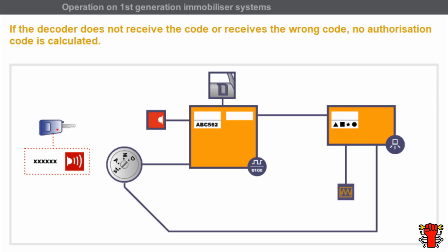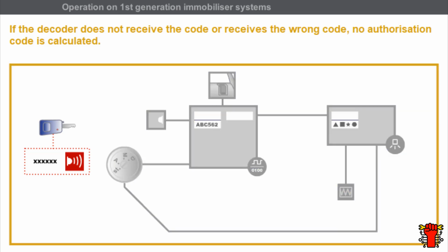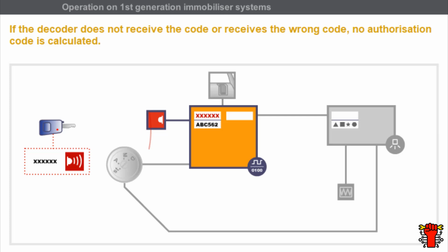We shall now see what happens when there is a transmitter fault. If the decoder has not received a code or has received the wrong code, it remains in active Immobiliser mode and does not calculate an authorization code to transmit to the injection system.